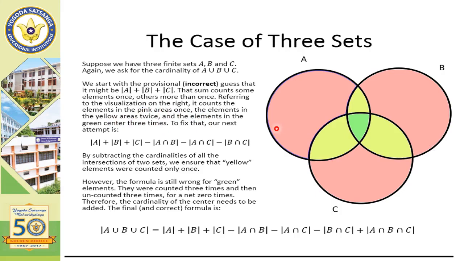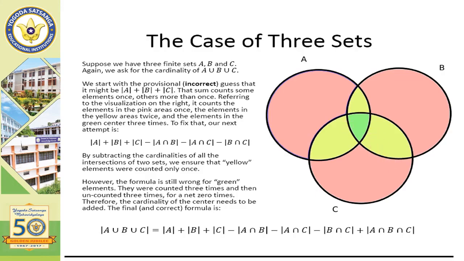When we count cardinality of A and cardinality of B, we use this portion twice, and when we count A and C, this portion twice, and when we use cardinality B and C, we use this portion twice.